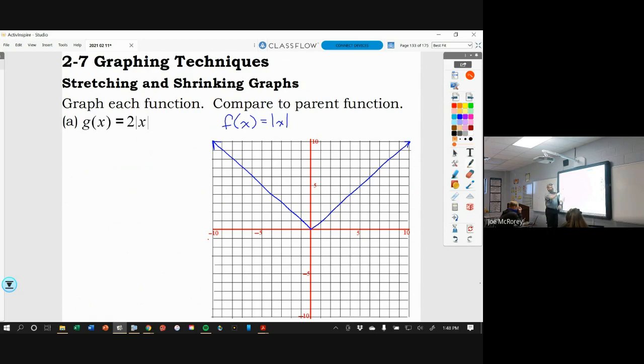Which means this 2 is going to affect this graph vertically. Whatever value I get for the function, I will multiply it by 2. So this is a vertical stretch by a factor of 2.